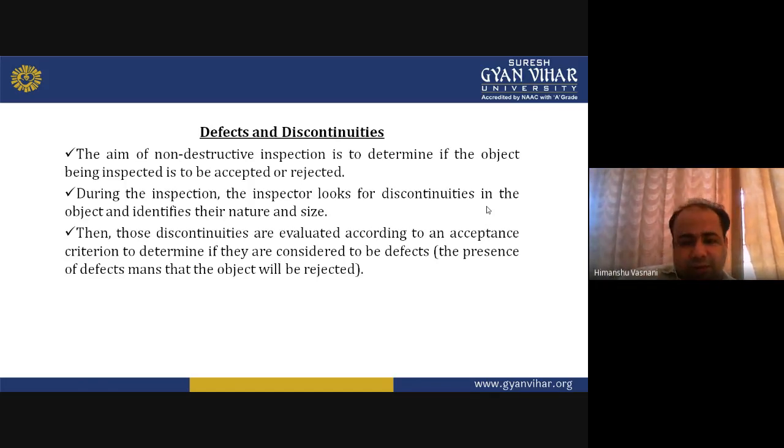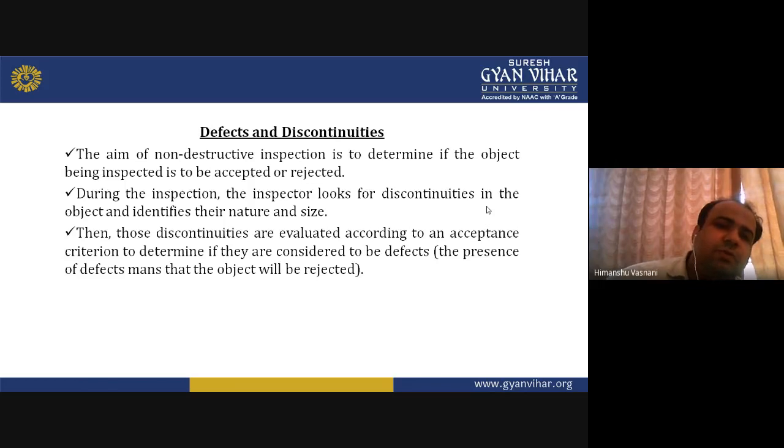If during the inspection the inspector finds discontinuities in the object, identifies their nature and size, then those discontinuities are evaluated according to an acceptance criterion to determine if they are considered to be defects and rejected. If a defect is there, then the object will be rejected, as simple as that.